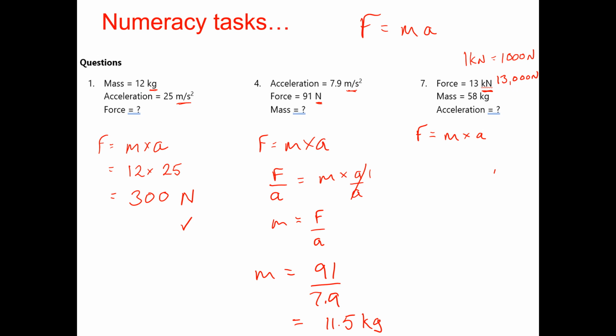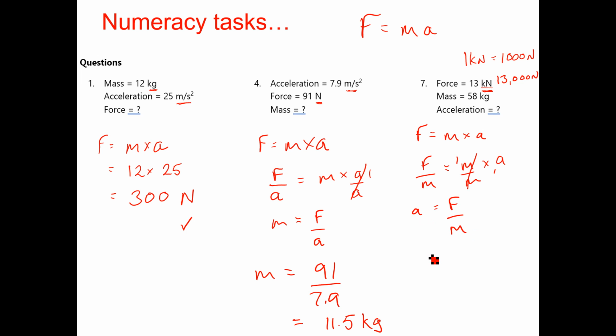We've got a huge force acting on a reasonable mass, perhaps the size of a young adult. However, this time we're asked to work out the acceleration. I'm going to divide both sides by m. Again, anything divided by itself gives us 1. So a equals F divided by m. Just rearranging that equation.